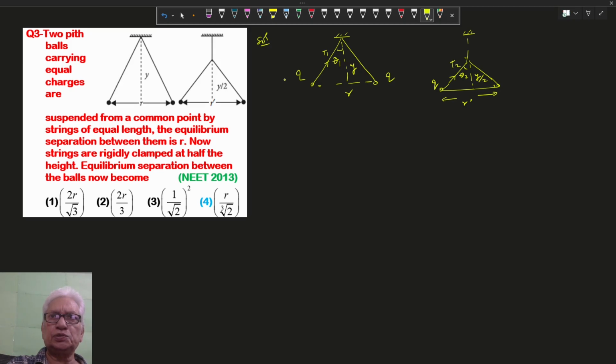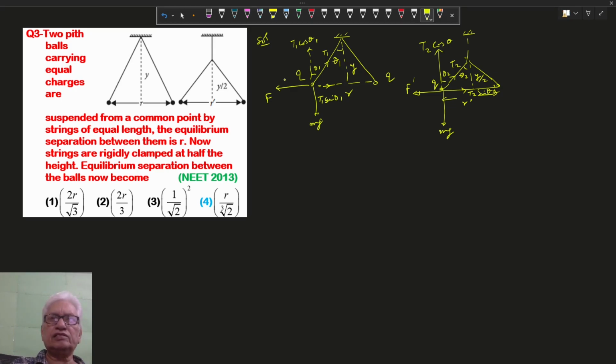In the second, the tension is T2, and now you can resolve T2 cos theta 2 and T2 sin theta 2. Here the force is F dash, and mg is the force acting in the downward direction, which we also resolve. So T1 cos theta 1 and T1 sin theta 1, mg acting in the downward direction, and this is F.